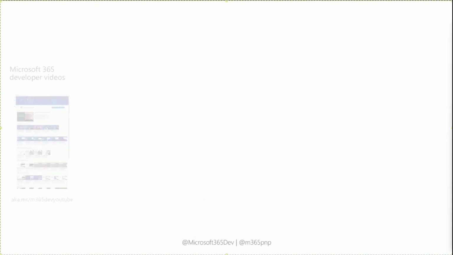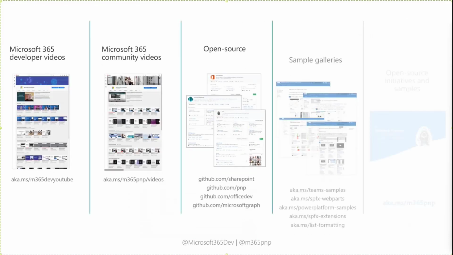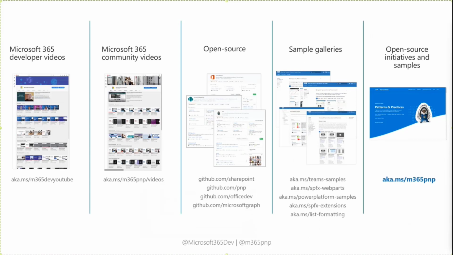Now, if you think about all of the different assets which we provide to help you get started or improve your existing skills in the Microsoft 365 platform, we have 2 different YouTube channels. We have the official Microsoft 365 developer video channel, where we have videos coming mainly from marketing and also from our cloud advocates. Then we have our Microsoft 365 community video channel, where we have all of the community call recordings and all of the demos from these community calls, and many other videos from the community members as well.